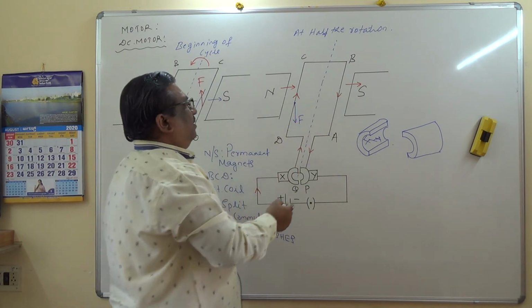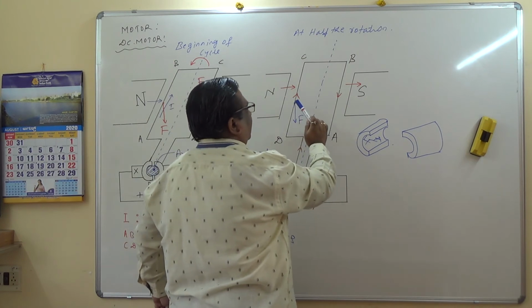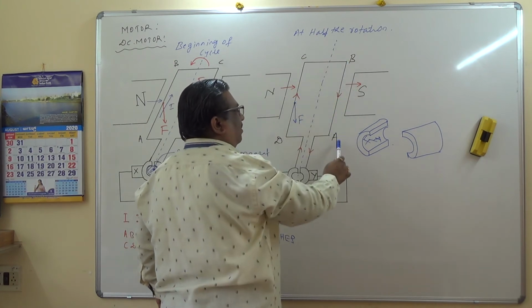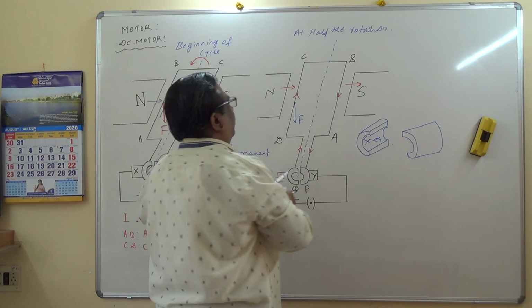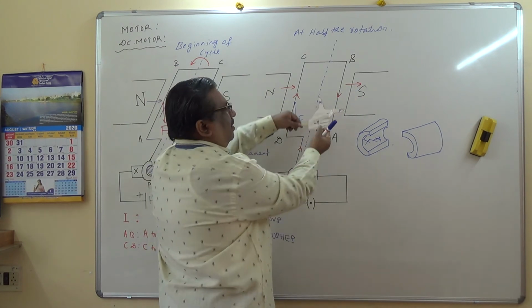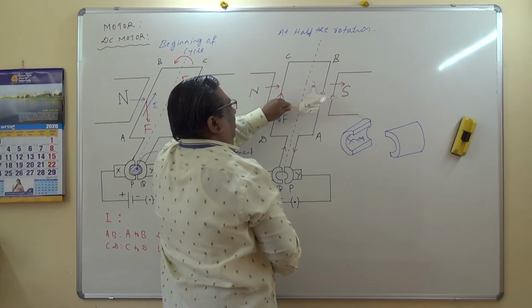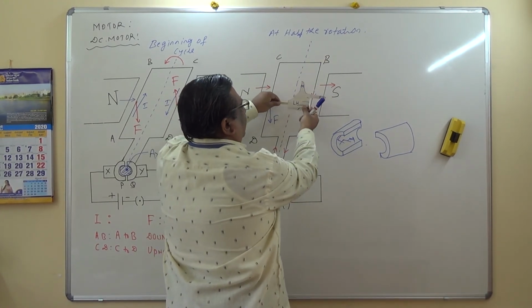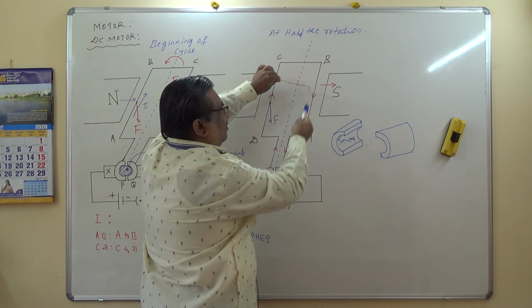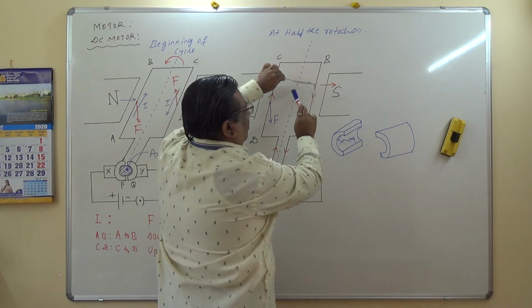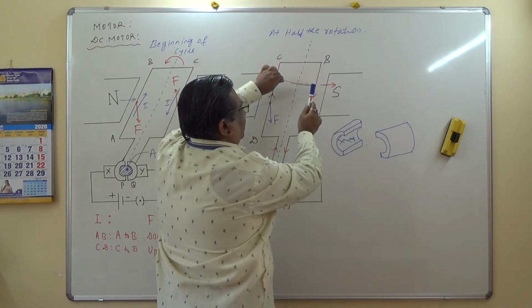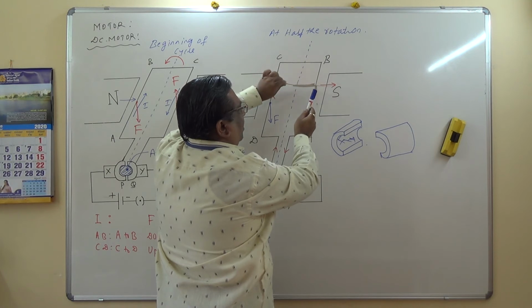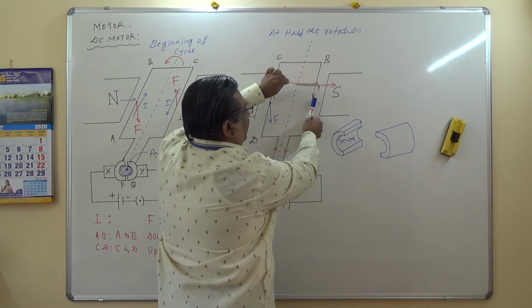Let us apply simultaneously Fleming's left hand rule for arm AB. Magnetic field, current B to A, something like this. This is the middle finger, B to A, field this way, and the thumb is pointing towards you. That means arm AB is coming upward.